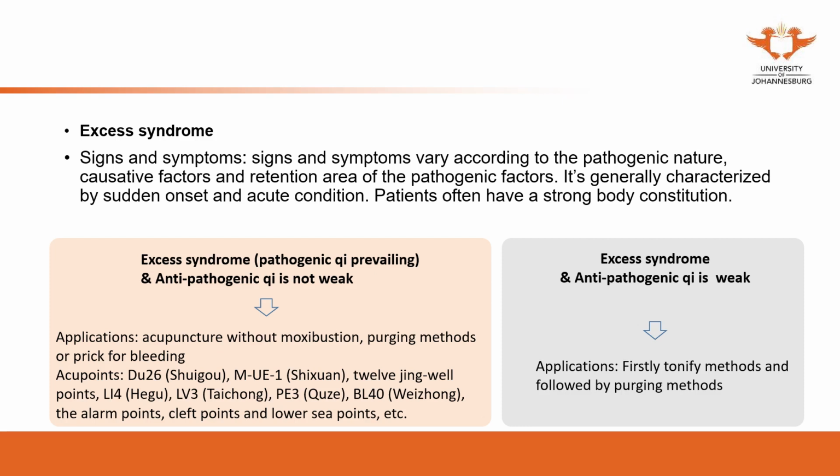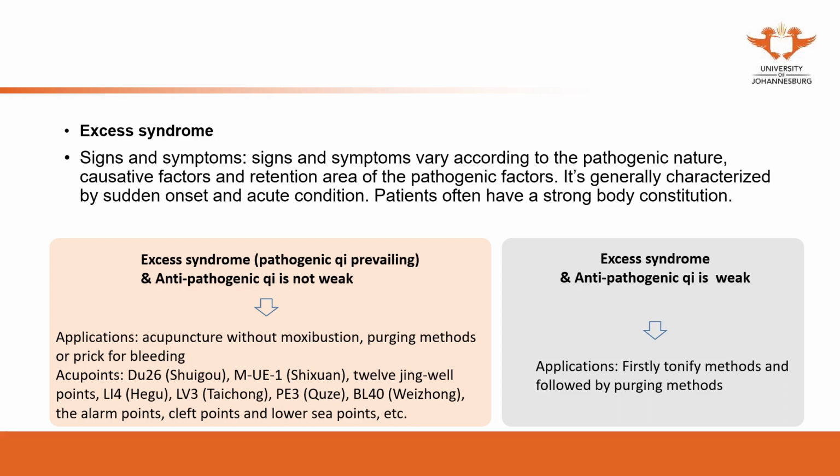Jing-well points do not have to be very painful, but because they are on the fingertips, it's very superficial. The insertion will be very shallow. Hegu in the large intestine, liver 3.